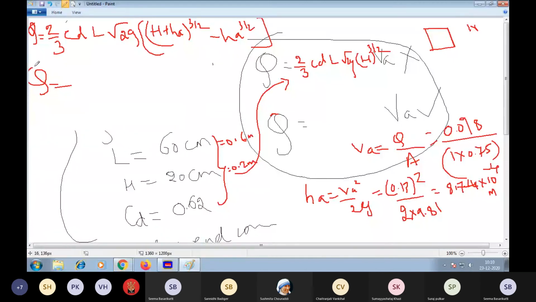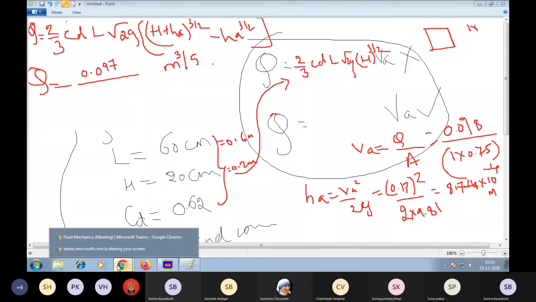So what is the value of Q? 0.097 meter cube per second.